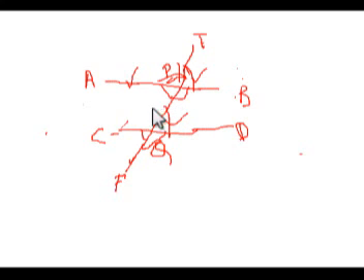There are four pairs of similar angles. Similar angles are equal on the condition that the lines are parallel. If the lines are not parallel, you cannot get the similar angles equal.